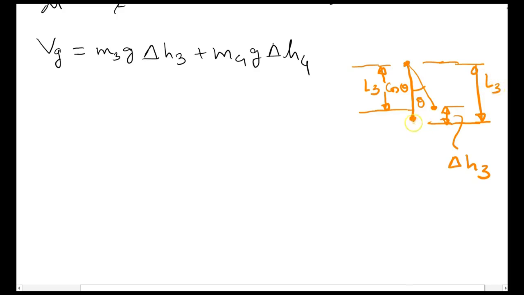Now when the point mass moves upward, this length becomes L3 cos theta, because this is the theta, and we want this height, which is del H3. So del H3 can be written as del H3 equal L3 minus L3 cos theta.